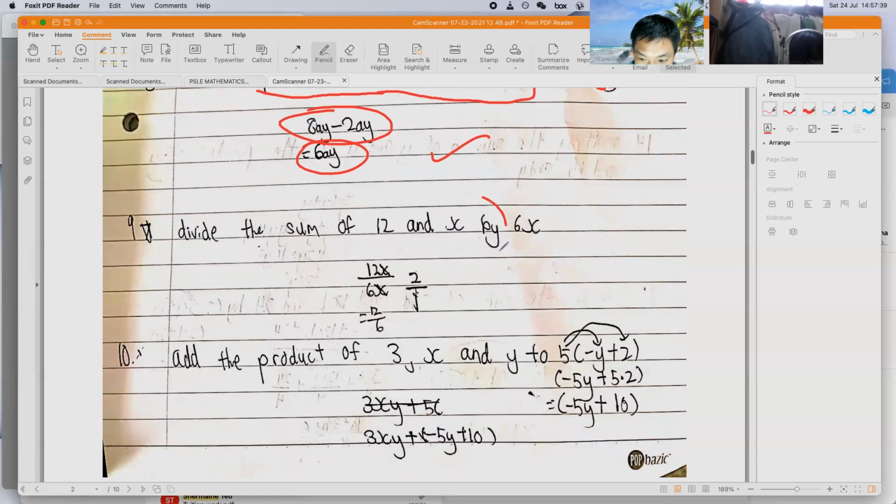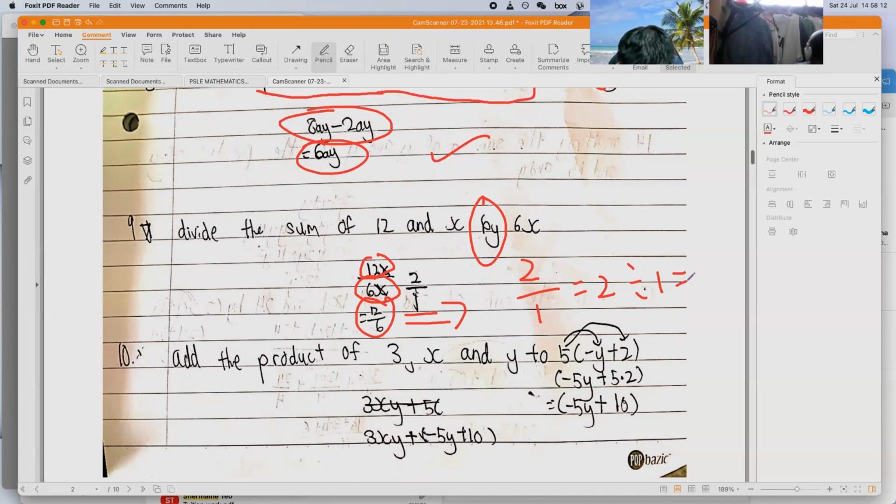Divide the sum of by, so it's 6x below, 12x, so you end up with, what's your answer actually? 12 over 6, which is 2 over 1, which is 2 divided by 1, which is 2.